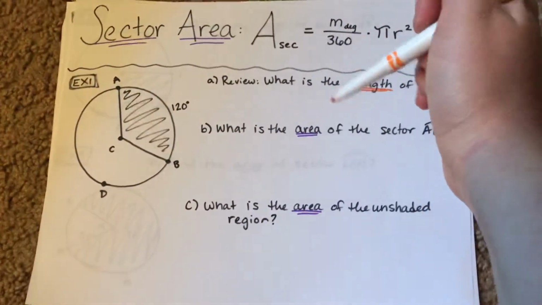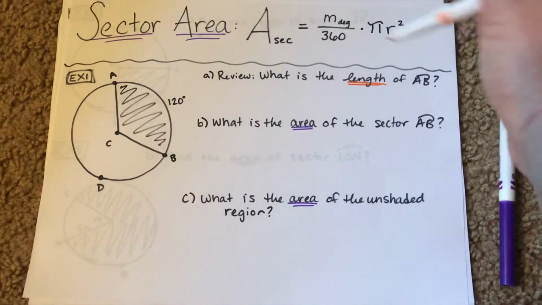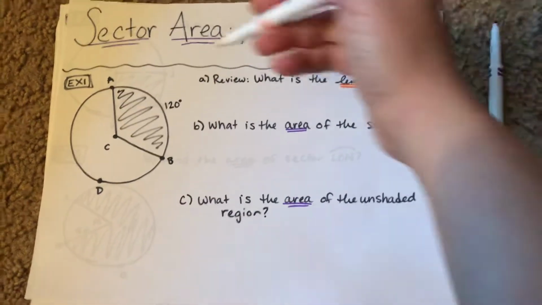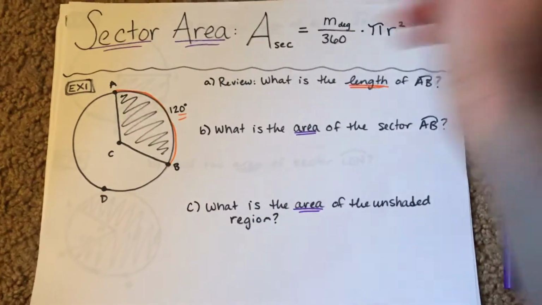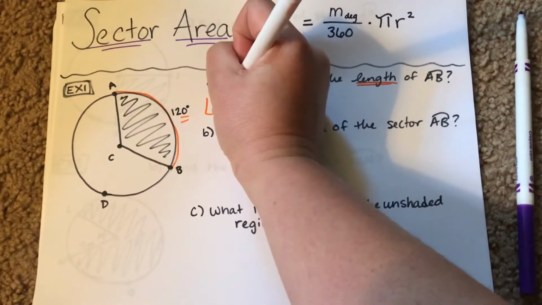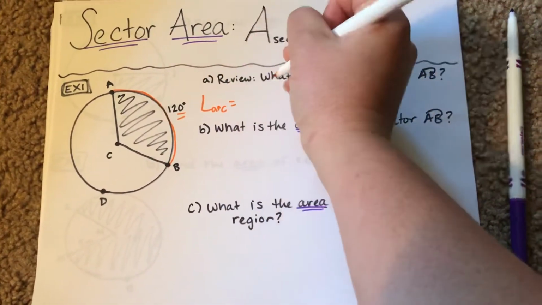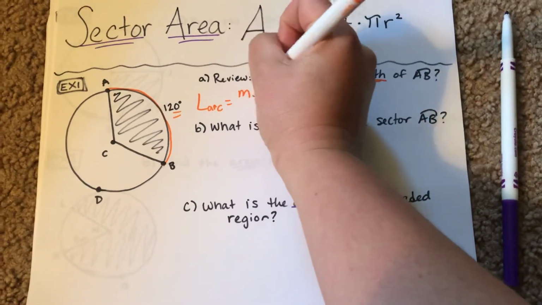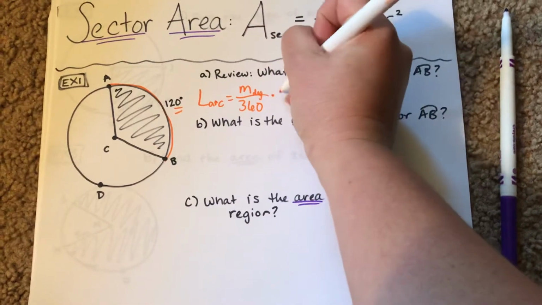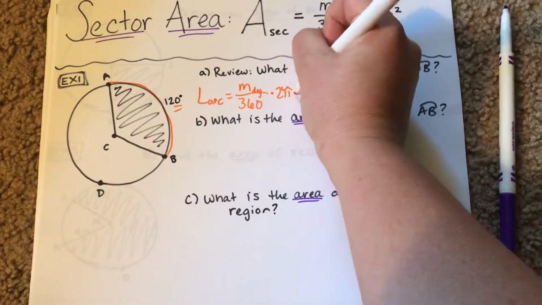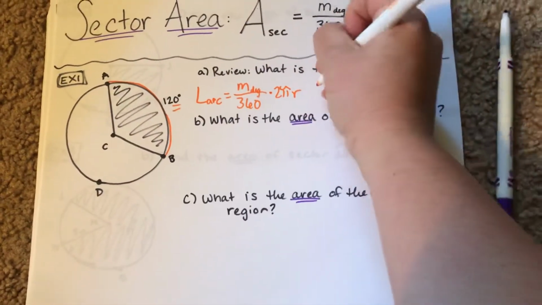So let's just look at arc length real quick, review that from last class. What is the length of AB? So if we are looking here, AB is 120 degrees. Our arc length formula was arc length is equal to m in degrees over 360 times 2 pi times the radius, our whole circumference.